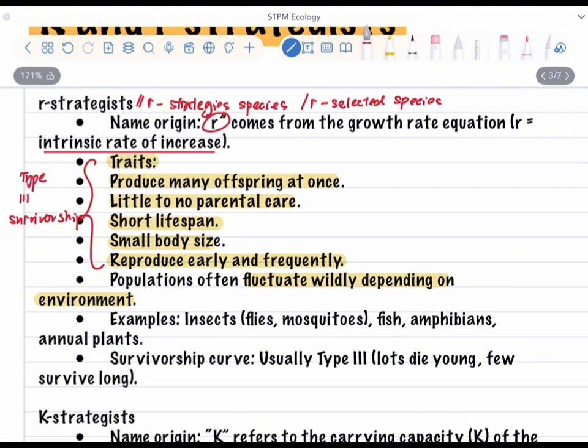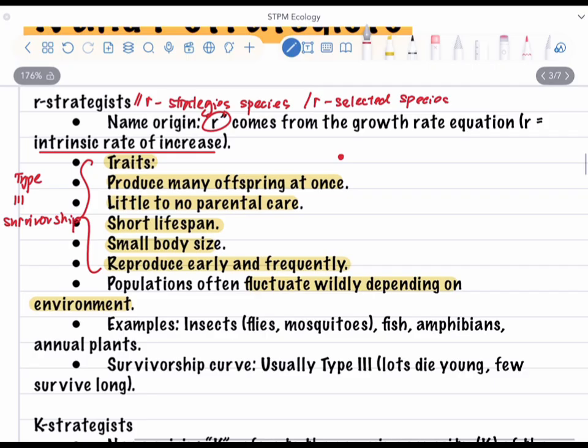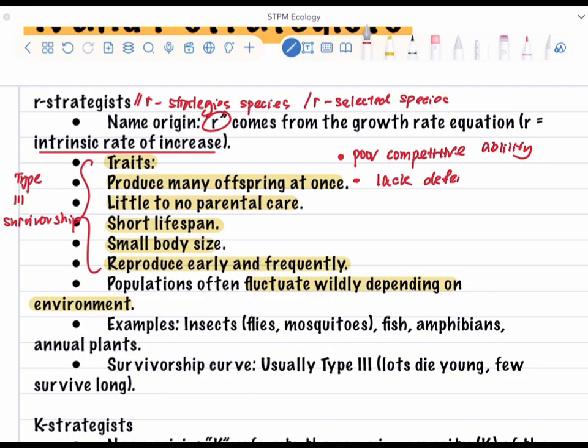Other traits that you can write are that they have poor competitive ability, and these organisms usually lack defensive strategies.